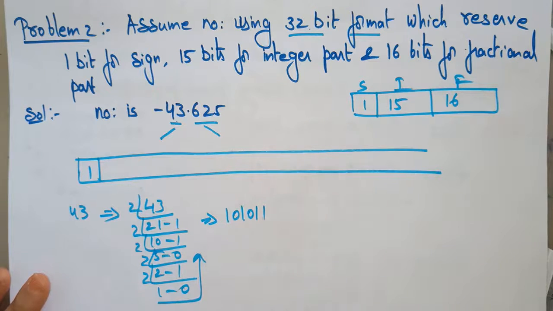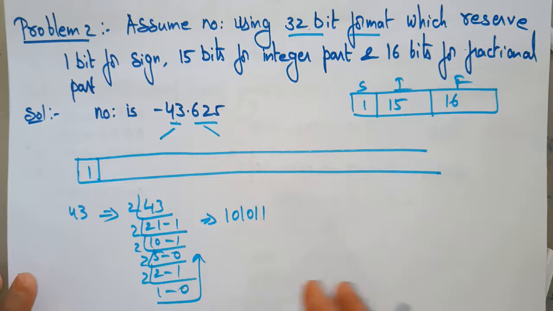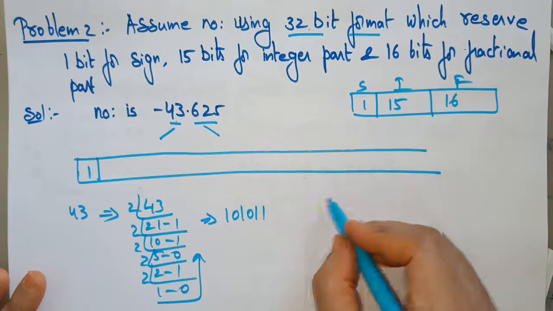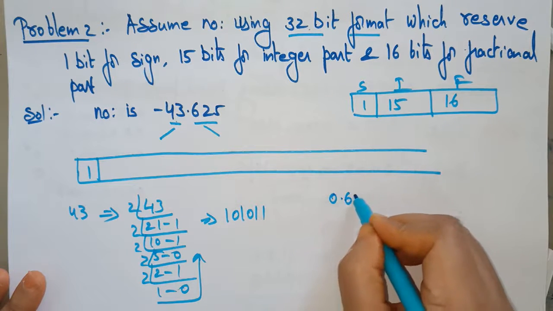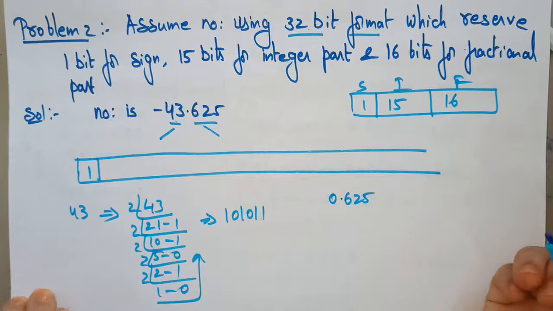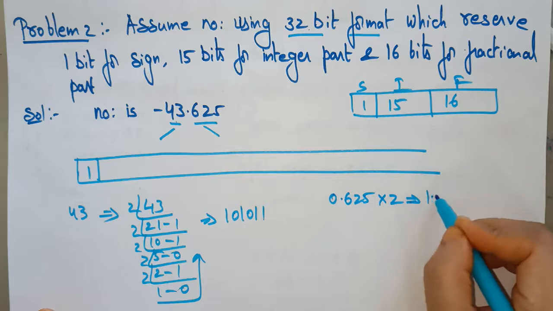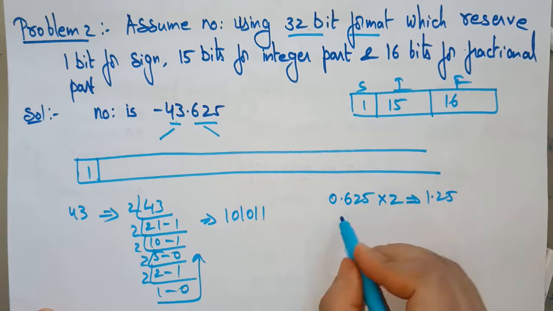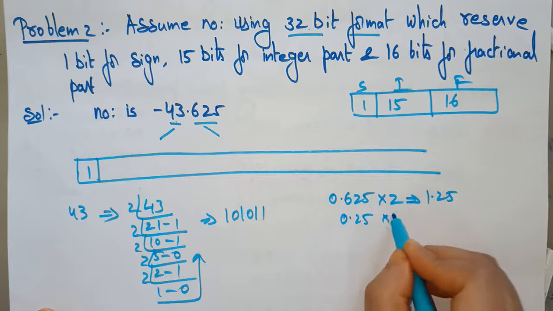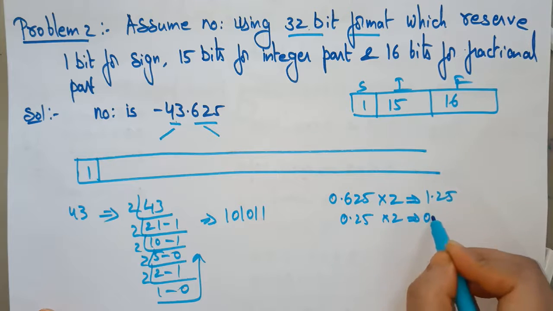Here I am just representing, that's it. Now the value .625. Take the fraction part, 0.625. Multiply 0.625 with 2 and you will get 1.25. Take only the fraction part, 0.25, times 2 and you get 0.5.